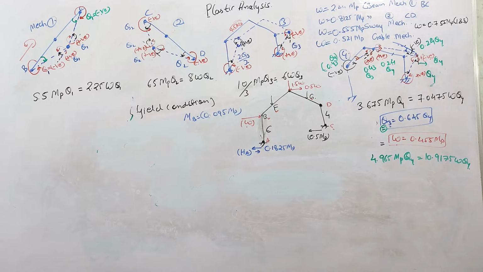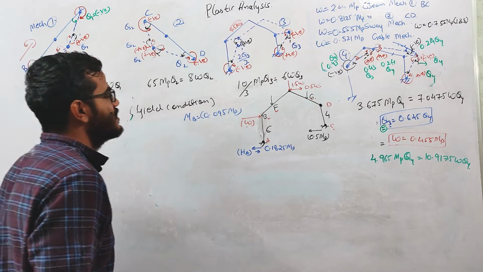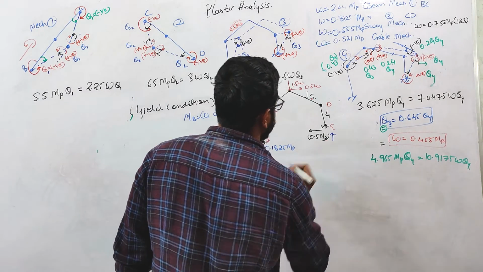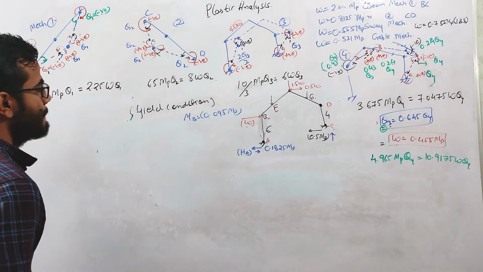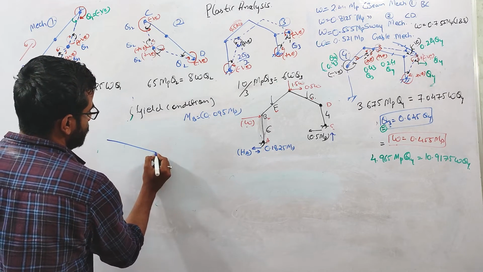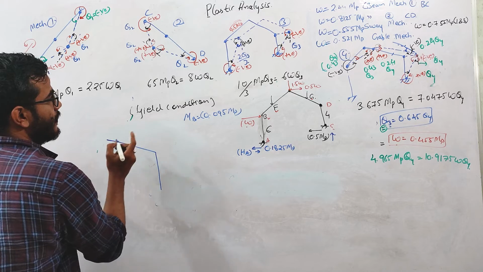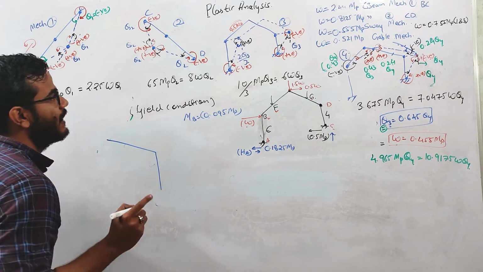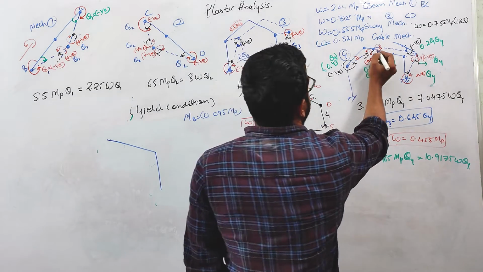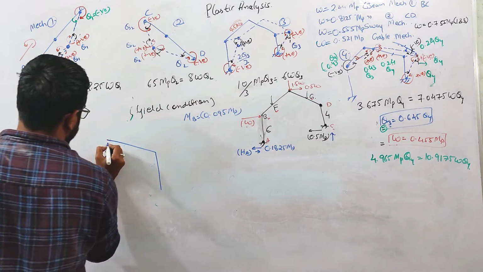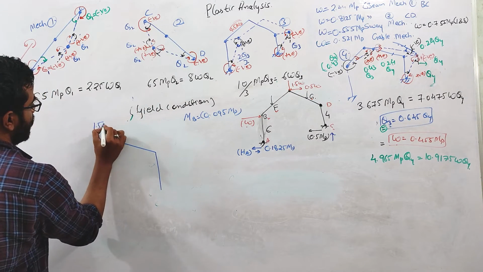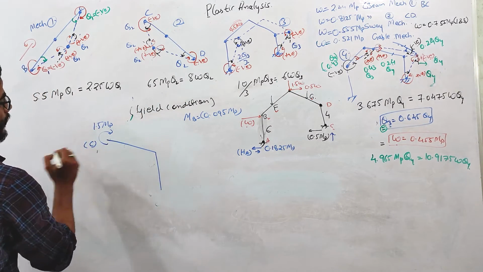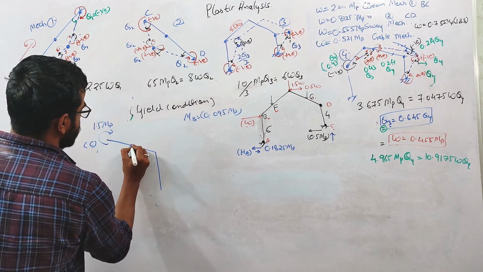Now we will be checking the moment at G. For calculating the moment at G, we need the vertical reaction at this point. So let us consider this portion here. At this point, the 1.5 MP will act in clockwise direction. So this is 1.5 MP at C point, and this is G point.